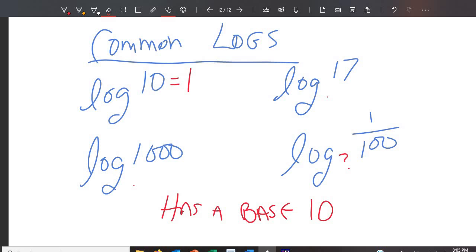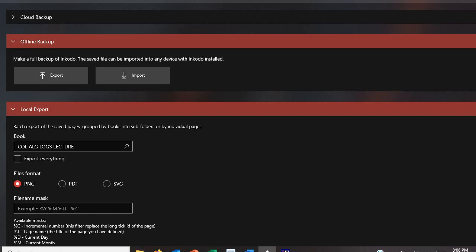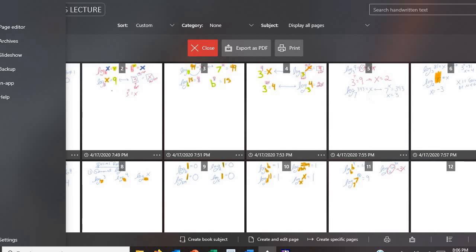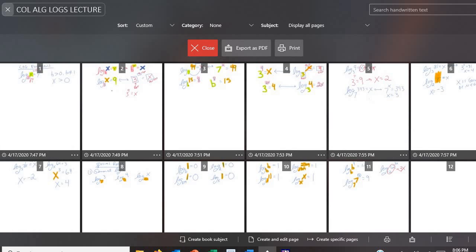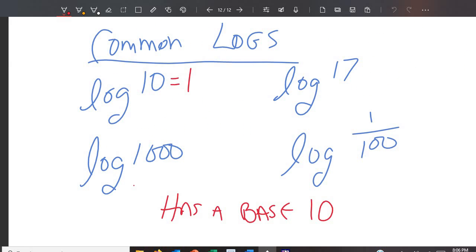If you were to take this one, hit log and enter 1,000, you would get 3.